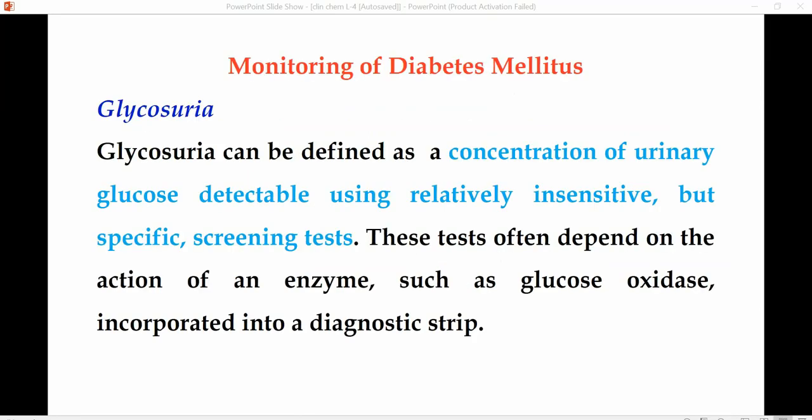Now, in clinical chemistry, how would a diabetic patient monitor his condition, mainly to avoid prolonged and excessive hyperglycemia? The first and earliest test used for monitoring diabetes mellitus was glucosuria, defined as a concentration of glucose detectable in urine by using relatively insensitive but specific screening tests.